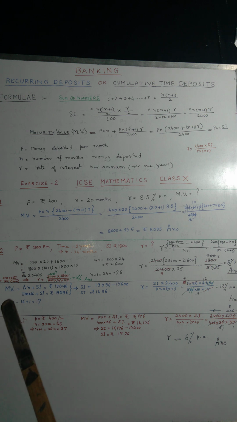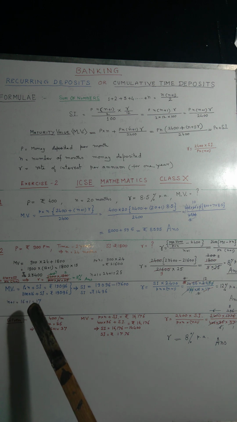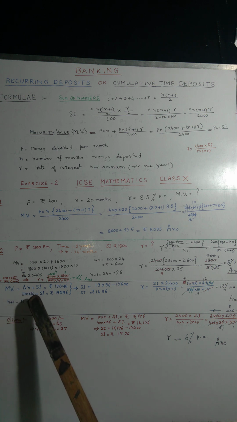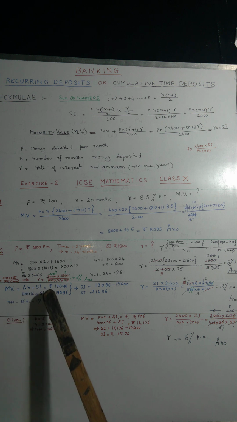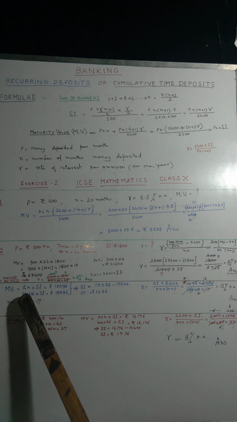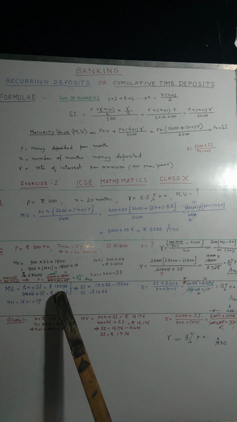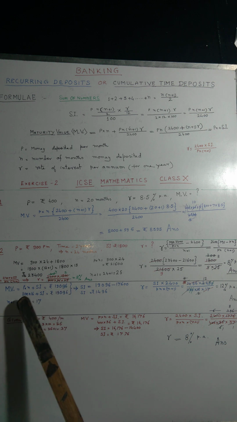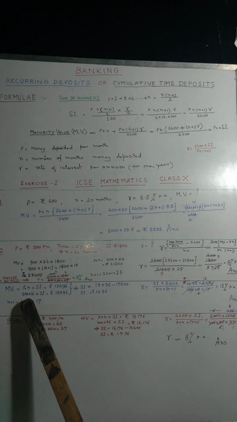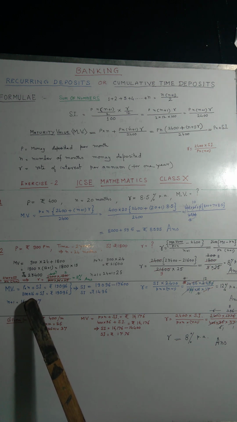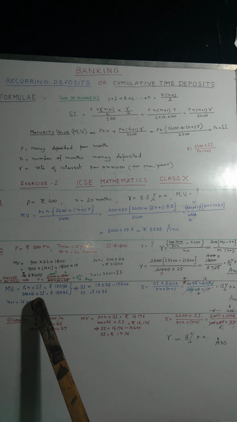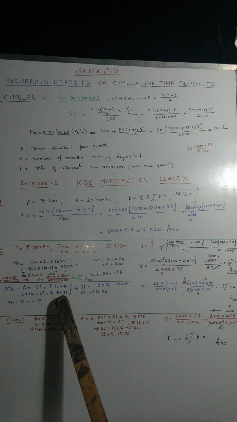Now question number 3. Here the maturity value is given, that is principal into number of months plus SI is equal to 19,096. Here the principal deposited per month is 1,100 into the number of months, that is 16, plus simple interest is equal to this much.